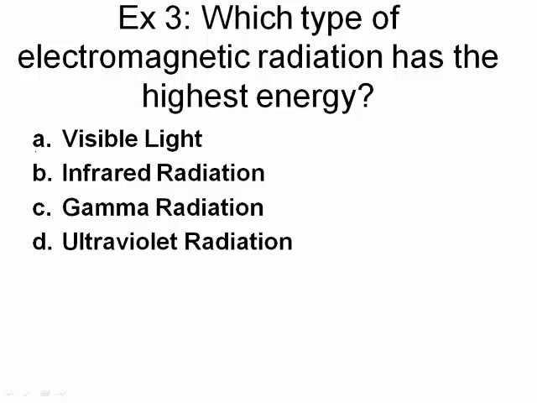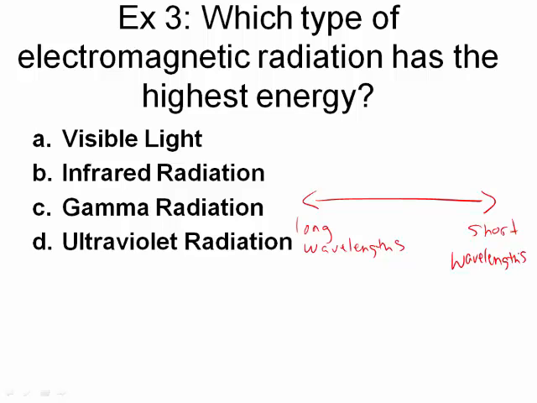And example 3. Which type of electromagnetic radiation has the highest energy? Going back again, looking at the top at your electromagnetic spectrum, we have long wavelengths, and our short wavelengths are going to be on the right-hand side. Long wavelengths give us low frequencies, not as many of them passing.